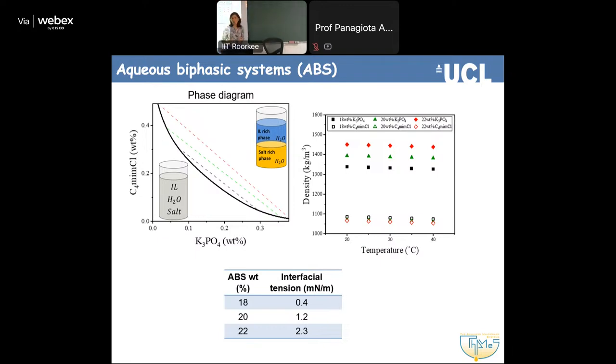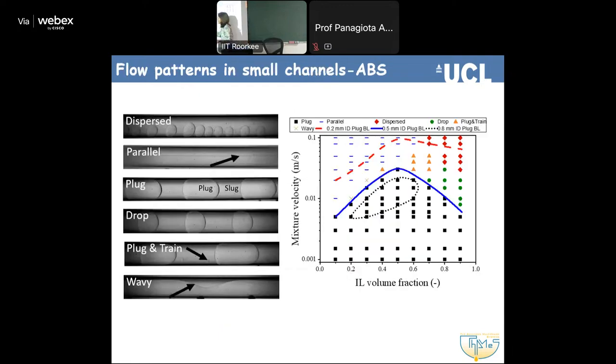So you can do fancy things which we have not done yet, but it might be interesting to make this separation happen within the channel. Maybe we can discuss that later, but there are fancy ideas that somebody can try, which is to start with 15% of the salt and the ionic liquid, then add a little bit more, and then induce the separation.